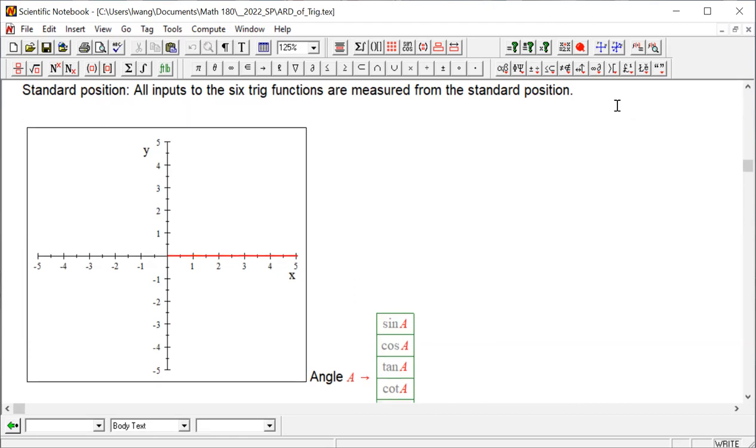Now, it comes to the first important letter about trigonometry, we call it A. A is about angle measurement.